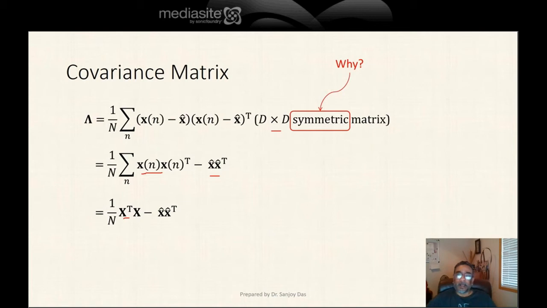And you can see from this expression here why this lambda is symmetric. All you have to do is take the transpose of this. You get back the same expression, which shows that the transpose of lambda is equal to lambda itself.